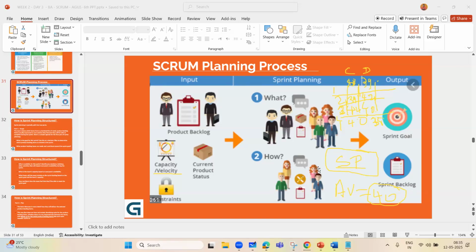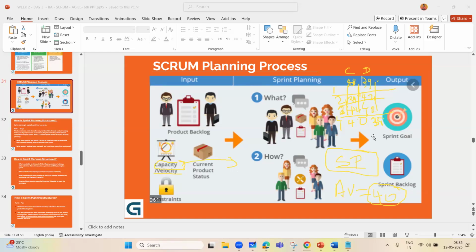So whenever you hear velocity, you always think of average velocity, number 1. Number 2 is capacity. The capacity is, again, a Scrum metric that defines the amount of work that can be delivered in how many hours, or how many man hours or person hours. So what will be the unit of capacity for velocity?